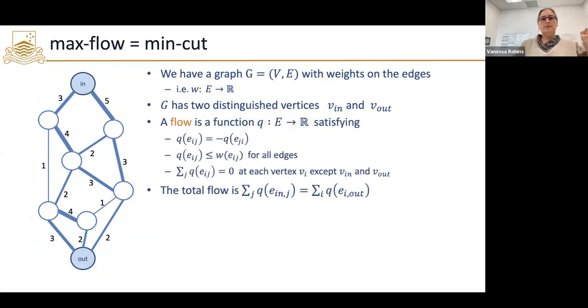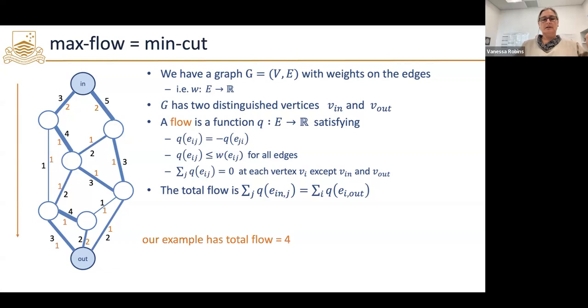So now we're going to look at what we mean by flow. Our flow is some function that assigns a value to each edge so that the function value is less than or equal to the weight, okay? So in this max flow min cut, the weights on the edges are absolute maximum values that we're not allowed to exceed. They're defining the true capacity of each carrying weight here.